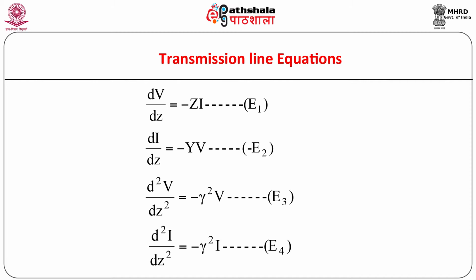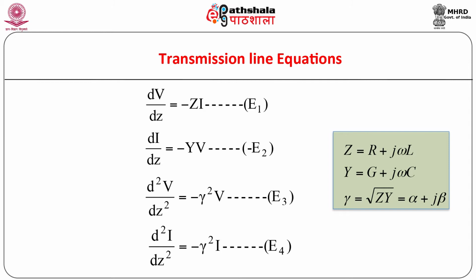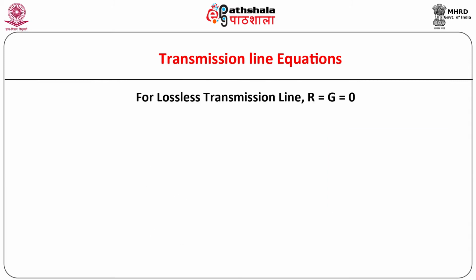The substitutions made while deriving these relations are as shown, namely Z is equal to R plus j omega L, Y the admittance is equal to G plus j omega C, and gamma is equal to root ZY, which is alpha plus j beta. For a lossless transmission line, R is equal to G is equal to 0.